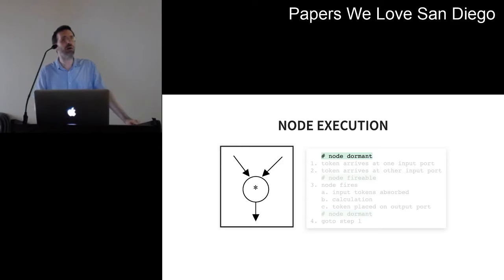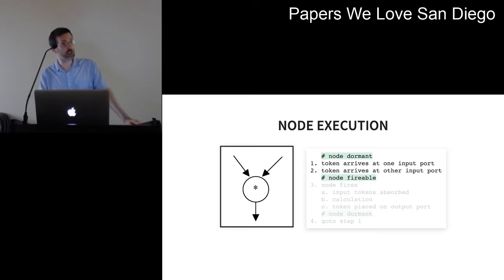After some unspecified amount of time, a token arrives at one or the other of the input ports. It doesn't matter which one. After some unspecified amount of time, a token arrives at the other input port. At this point, the node has acquired the quality of being fireable.